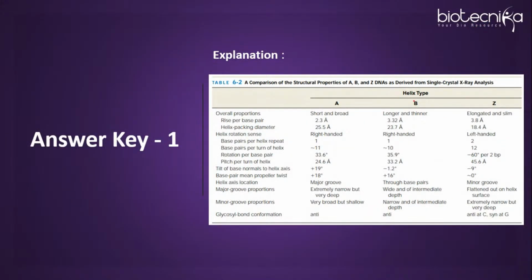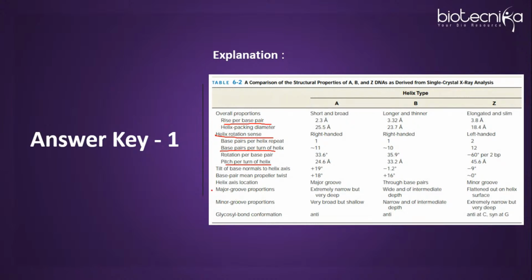So this is a table which I took from Watson. You can follow this and try to remember all the things, because mandatorily you will get a question from here. If not in 4 marks, definitely you'll get it in the form of 1 mark or 2 marks. Okay. So important things like rise per base pair, helical rotation, base pairs per turn of the helix, pitch per turn of the helix.